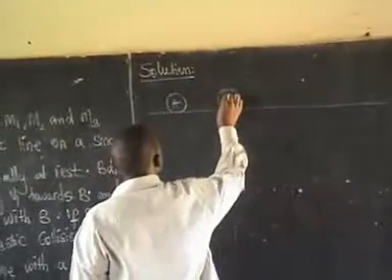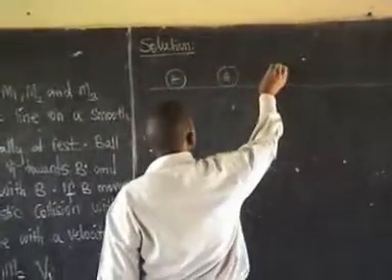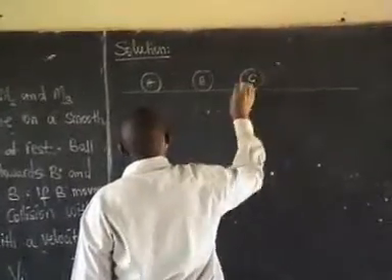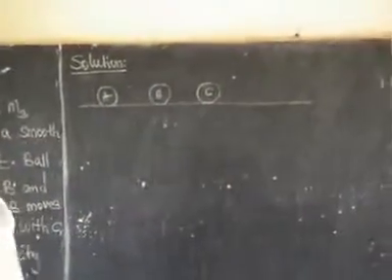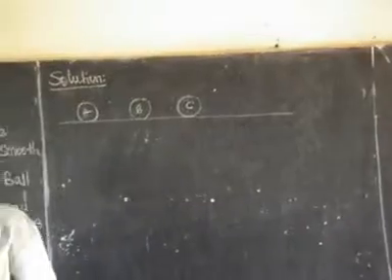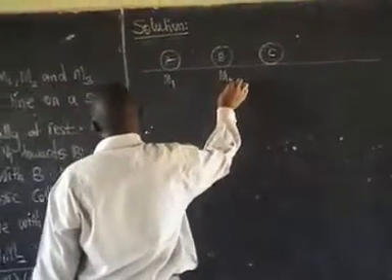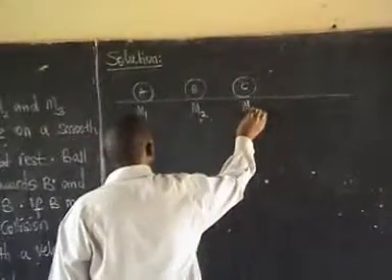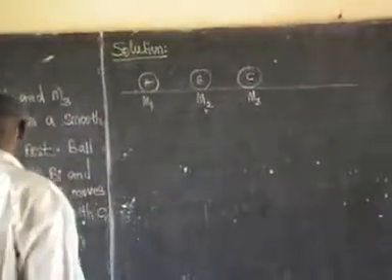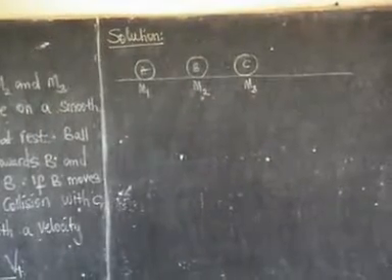Balls A, B and C of masses M1, M2, M3 respectively. The balls are initially at rest.